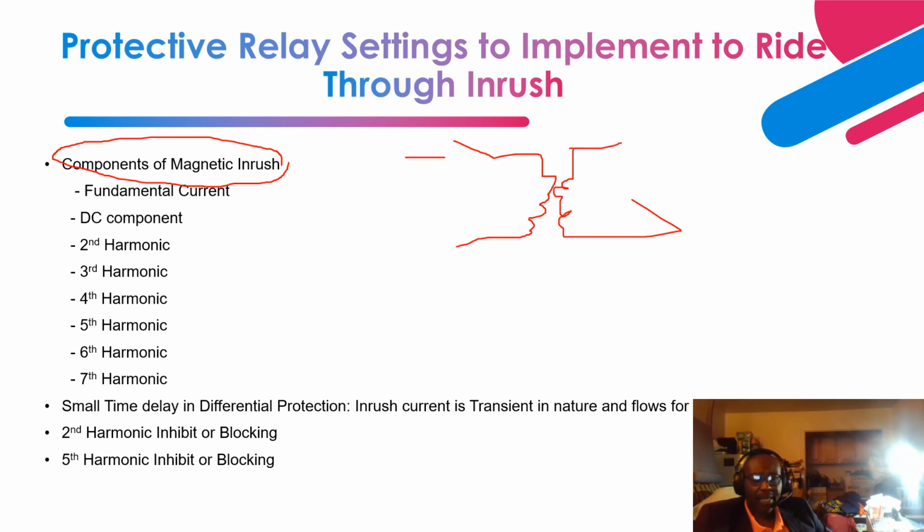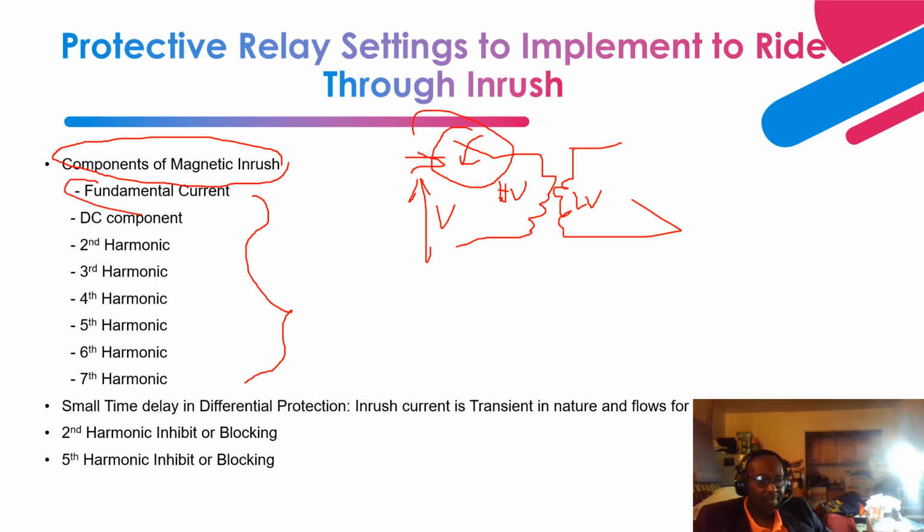This is my high voltage side, this is my low voltage side, and this is my circuit breaker on the high voltage side. I impress a good old voltage on the high voltage winding as I close this circuit breaker, with my low voltage open circuited. Immediately I apply that, I'll see inrush current flowing.